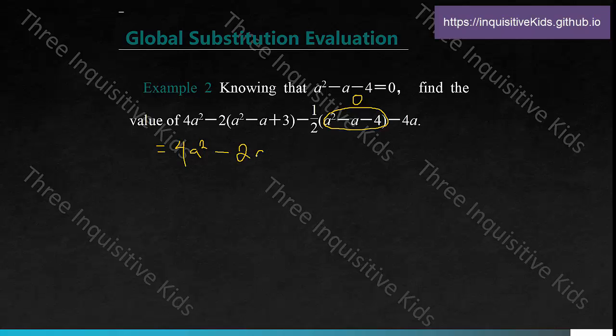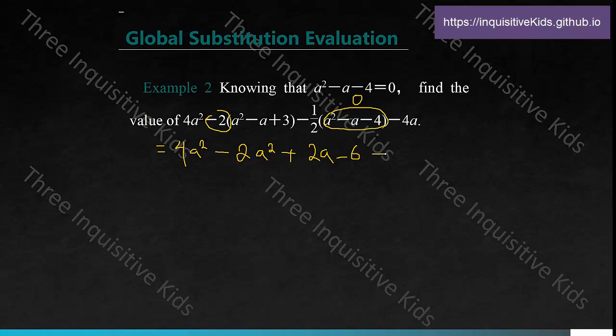That would be a 2a squared plus 2a. Remember, this is actually a negative 2 here. So we have to multiply them in as a whole. Minus 6.